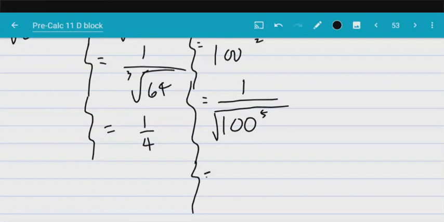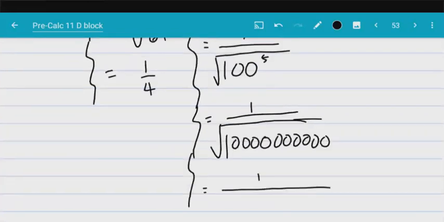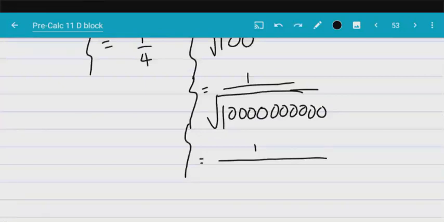That would be 1, 2, 3, 4, 5, 6, 7, 8, 9, 10. Now, if you're thinking, how do you read that? It's not important to me, because what's important to me is the square root, which is, if this has 10 zeros, the square root would have 5 zeros.